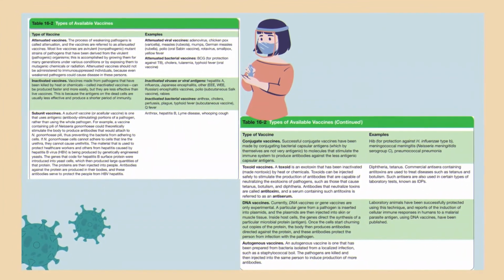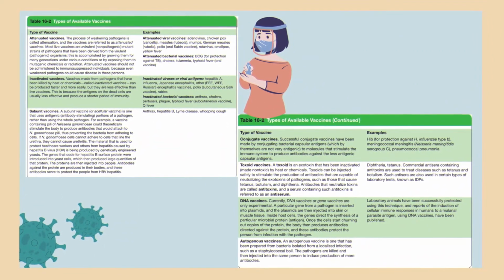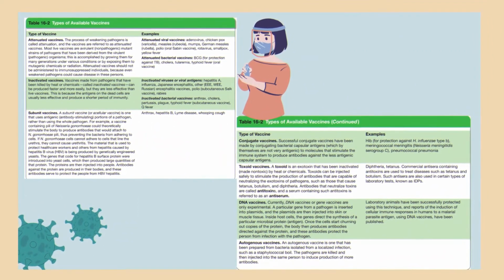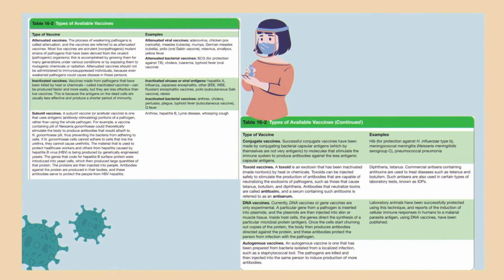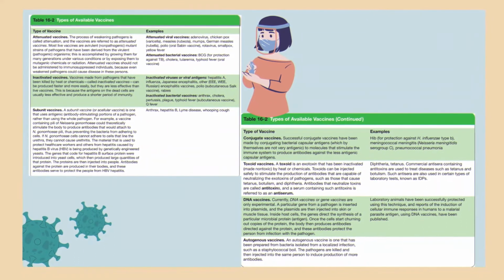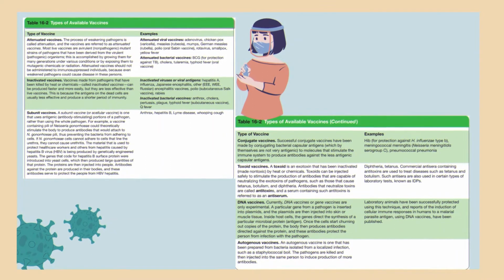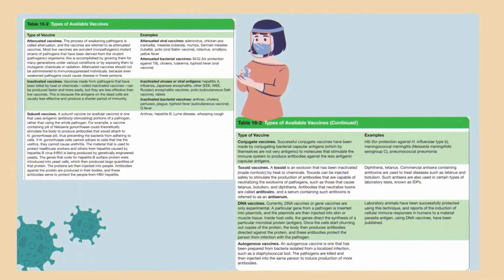Inactivated vaccines are made from pathogens that have been killed by heat or chemicals. They can be produced faster and more easily, but they are less effective than live vaccines. This is because the antigens on the dead cells are usually less effective and produce a shorter period of immunity.